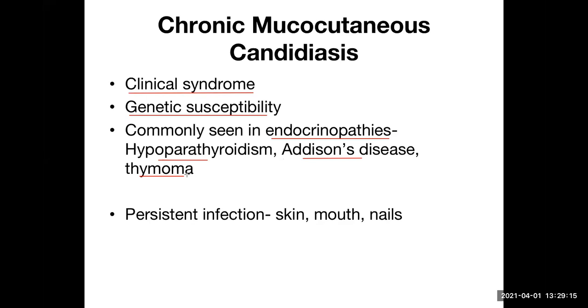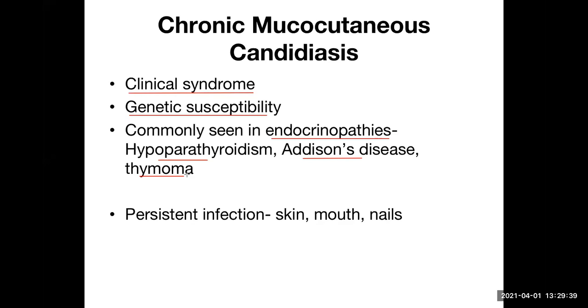Okay, decreased cell-mediated immunity. And if cell-mediated immunity is deficient, then different types of fungal infection, different types of viral infection may be common. So I'm just giving you an explanation of how you remember these things. But other reasons may also be there. Sometimes it just runs in the family as an autosomal recessive disorder.